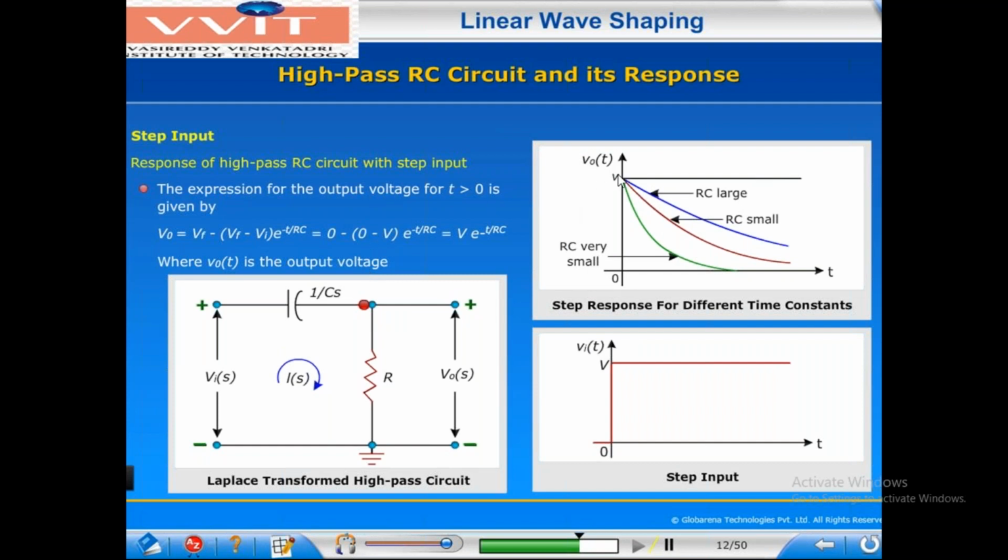Again, what is the exponentially falling waveform equation? What is the final value? The final value is 0, and the starting value is the initial voltage V volts. That's why V naught of t equals V final minus (V final minus V initial) into e power minus t by RC. Here the final value is 0. Simplified, V naught of t equals V into e power minus t by RC. Likewise, these are the three conditions for step input.